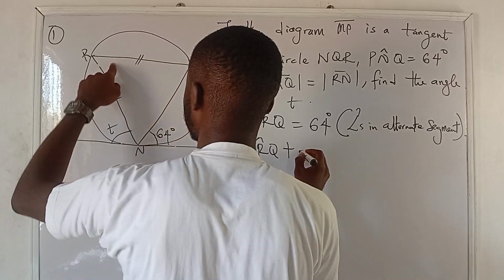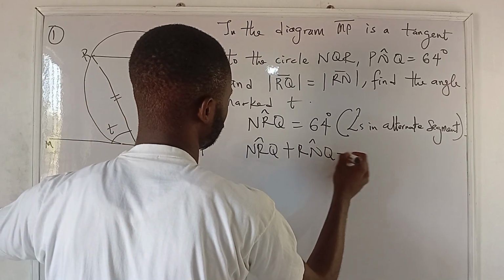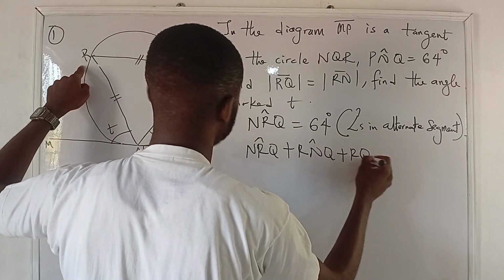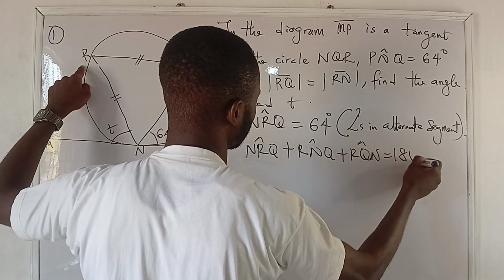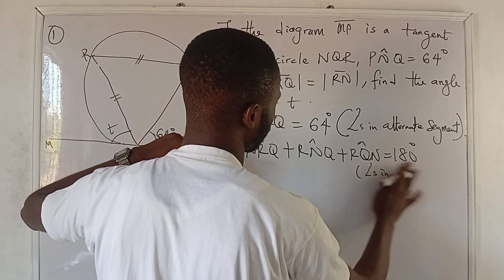So we can conclude that NRQ plus RNQ plus RQN equals 180 degrees, angles in a triangle.